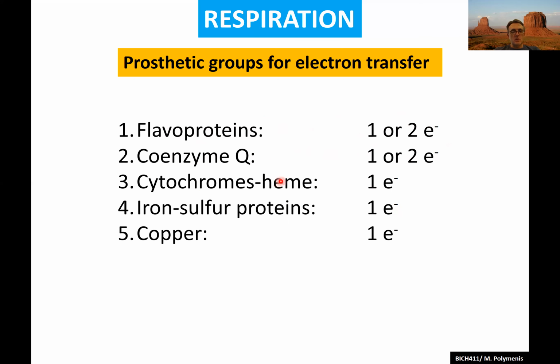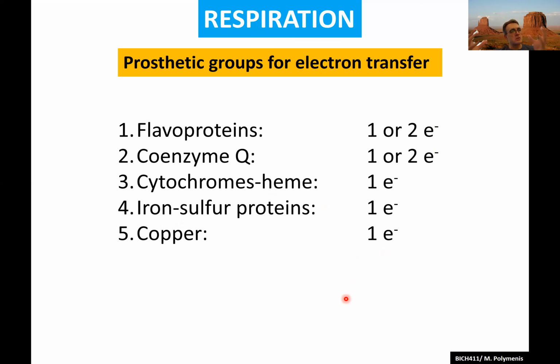Then we have all these prosthetic groups, hemes and cytochromes, that I'm sure you've heard before. All of them move 1 electron only. Okay. We have iron sulfur proteins, so we start seeing some weird metals, iron, and we see copper, and again, those are bound in specific configurations in the proteins.